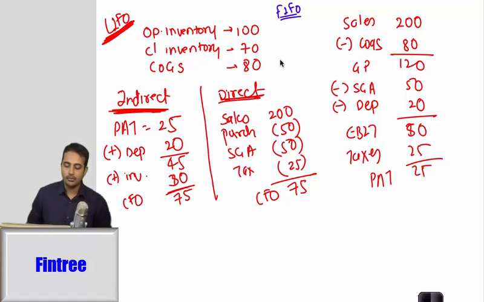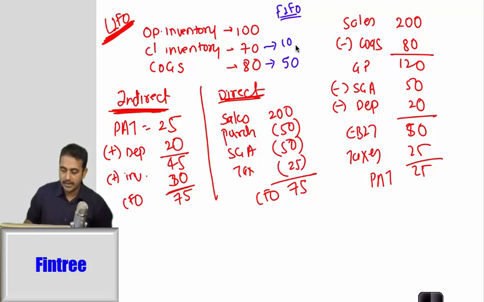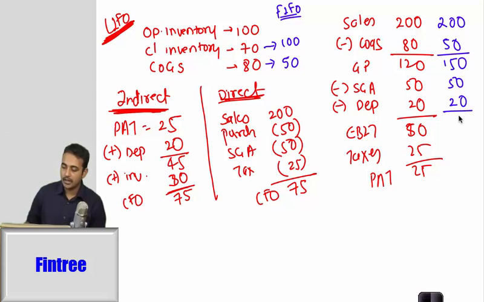The only thing that changes in FIFO is that your COGS becomes 50. And if your COGS becomes 50, then your closing inventory should also change, because we have to keep all the other data the same. So opening inventory was 100, you purchased 50, so total 150, out of which you spent 50. So closing inventory is 100. Everything else remains the same. Now in your income statement, sales 200, COGS 50, so this is 150. SGA 50, depreciation 20, so we are left with 80. On 80 we have to pay tax of 40. Profit after tax 40.